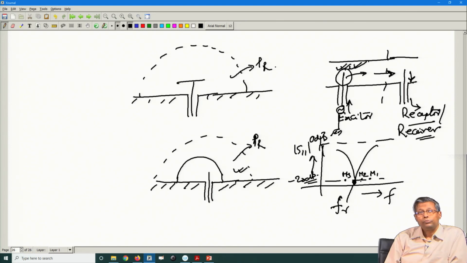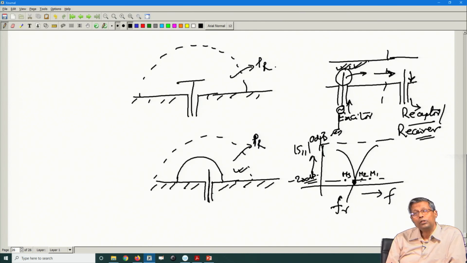How do I do that? We will come to what we call the Green's function of this problem when we discuss the magnetic current source and the source problem in the wave equation, and there we will see that the input impedance is obtained through the Green's function.